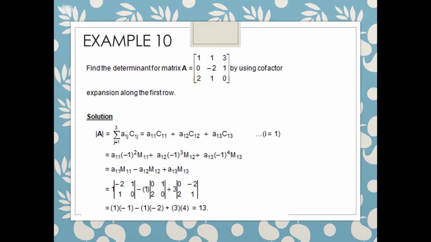Minor 12 is obtained by deleting the first row and the second column, and minor 13 is obtained by deleting the first row and the third column. Minor is calculated by cross-multiplying the elements and subtracting. By substituting the corresponding elements and minors into the formula and simplifying, you should get 13 as the final answer.